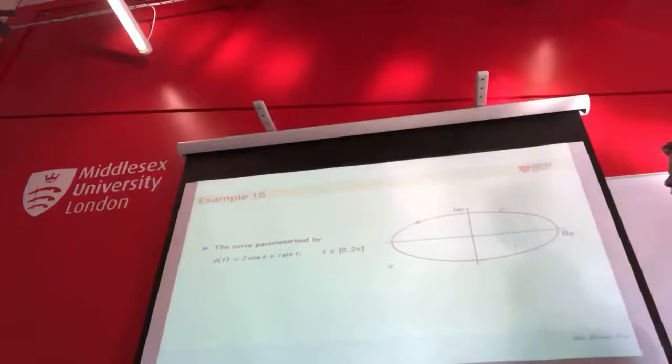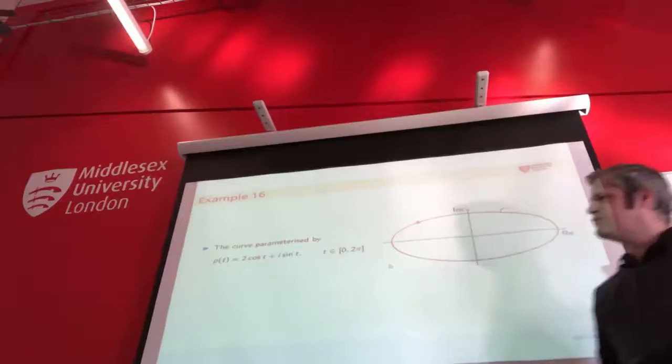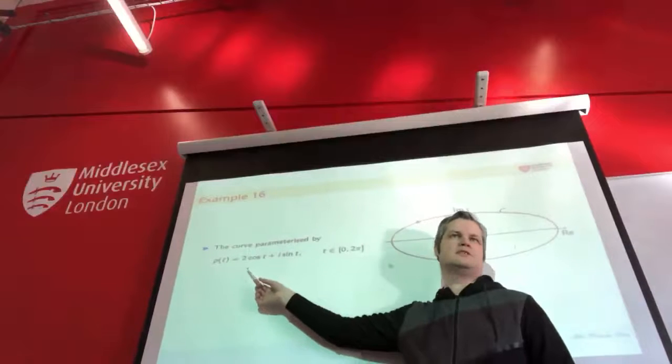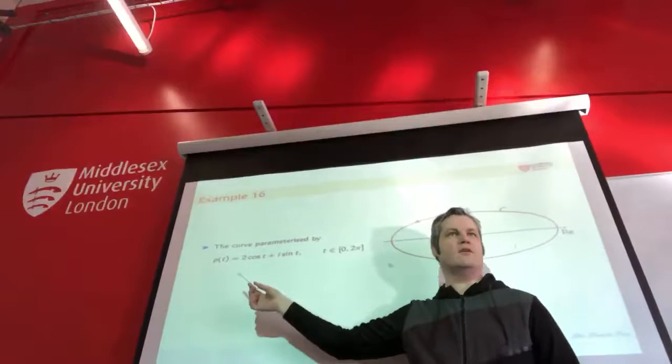Ellipses are kind of interesting in complex analysis because they're almost circles. So this is an ellipse. If you've not seen the parameterization of an ellipse before, it's basically the same as a circle, except that you multiply either the x or the y by something, or both, of course.